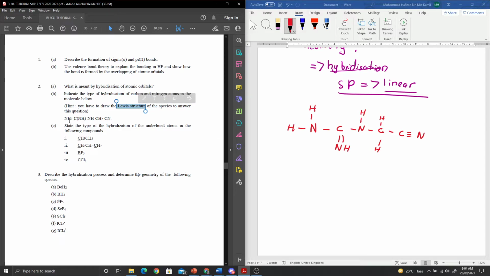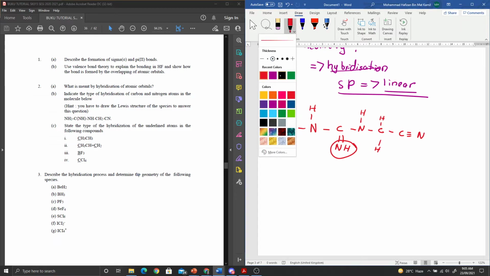So if you look, the NH in brackets, we call these ligands, which are not in the straight chain. Okay, you guys will learn in organic chemistry in semester 2. So you are asked to indicate the type of hybridization for nitrogen and carbon only.